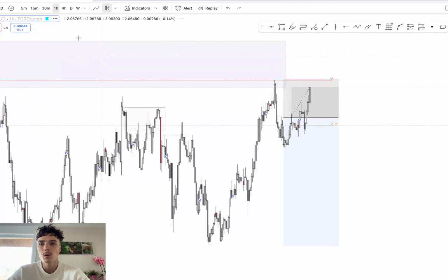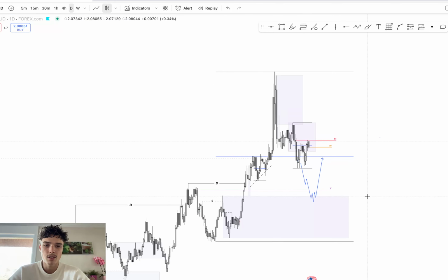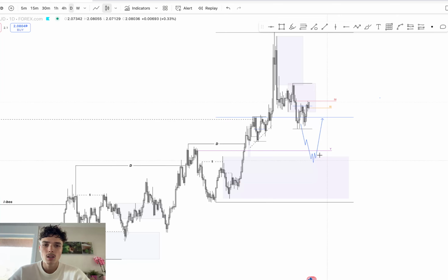Okay, going over to GBP AUD. Here on the daily time frame, again bearish order flow, a lot of liquidity here, a demand zone here, daily market structure, and the discount prices are tapped.